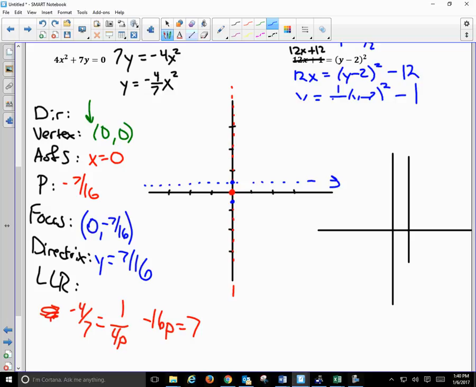Length of the latus rectum. Absolute value of 4 times 7 over 16. If you multiply, 4 over 16 reduces, and we got 7 over 4. So 7 over 4, what's half of 7 over 4? 7 over 4 multiplied by 1/2. This is the same thing we laughed about all first hour. They said 3.5 fourths, and you're absolutely right.